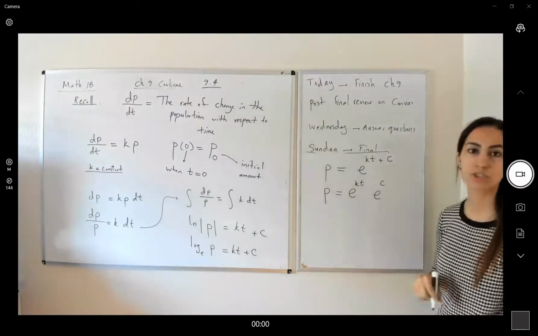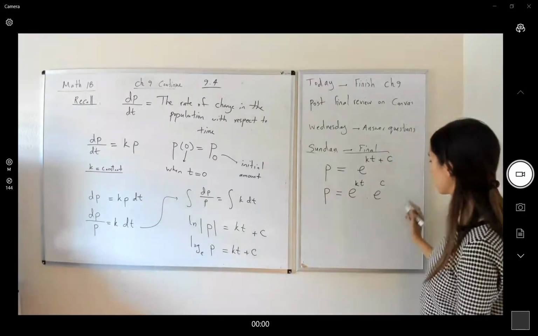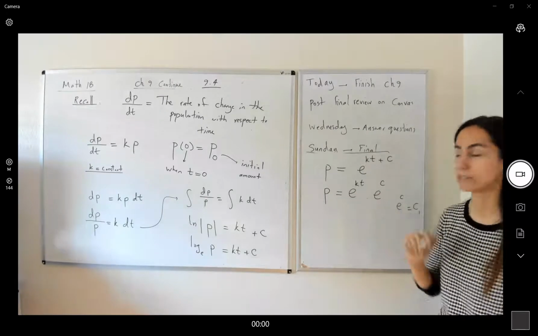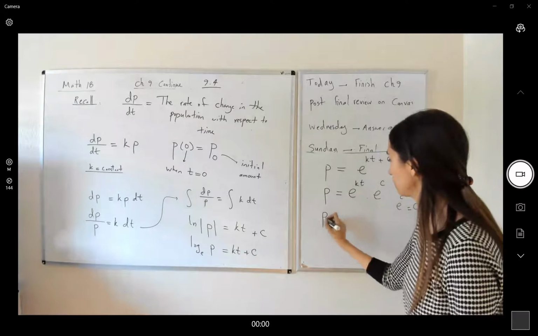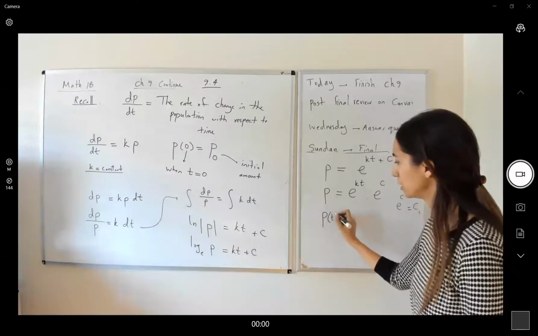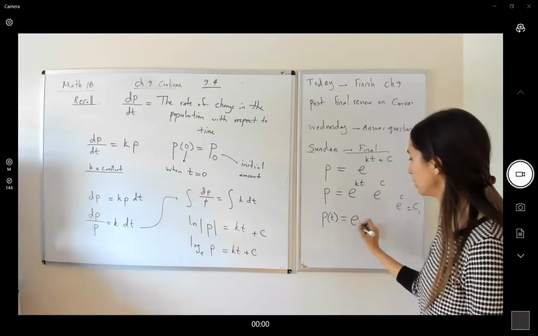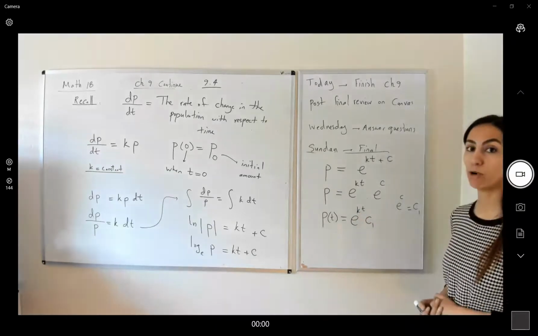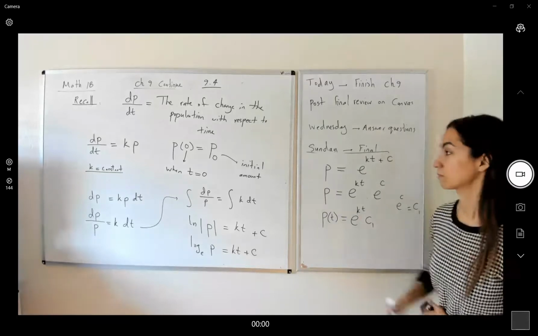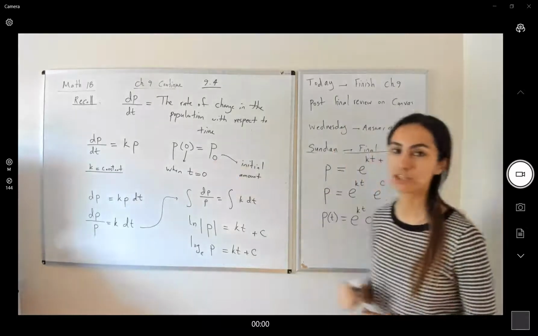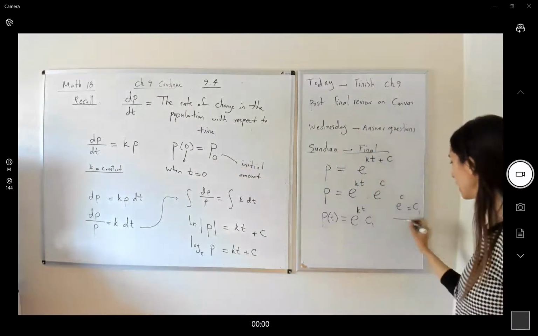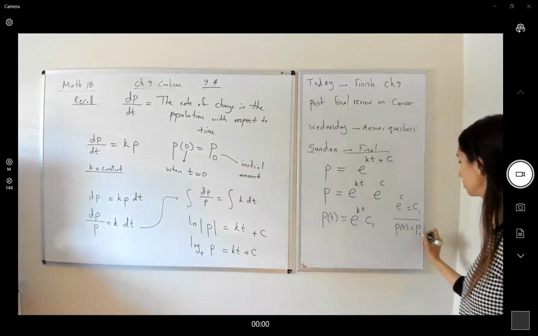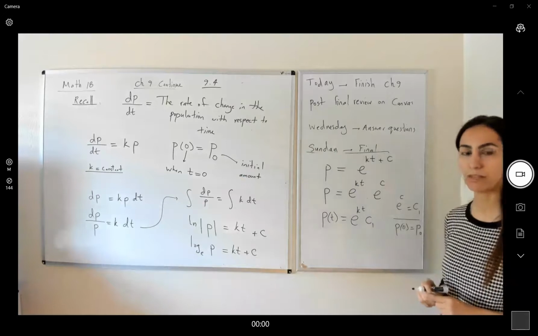E to the c is just another constant, so you can call e to the c, c sub 1, or anything that you like. P at time t is equal to e to the kt times c sub 1. Take a look at your initial value. We know that p at time 0 is equal to the initial amount.